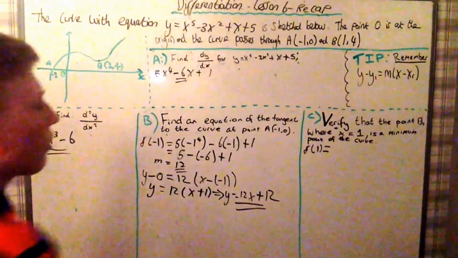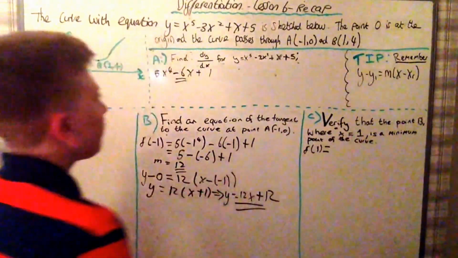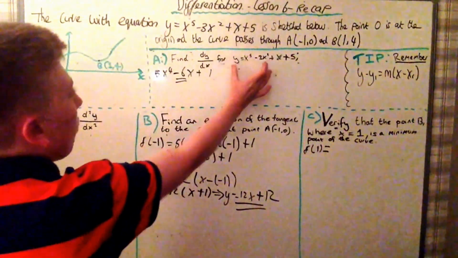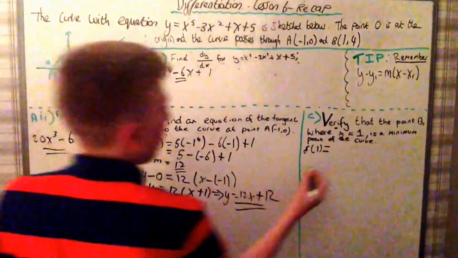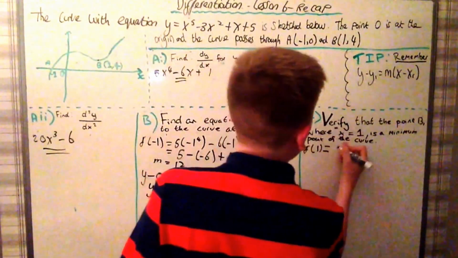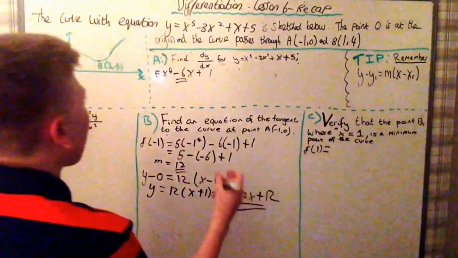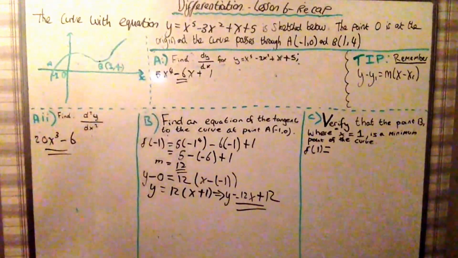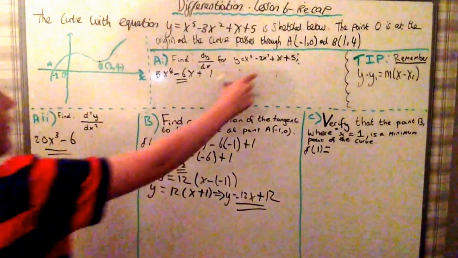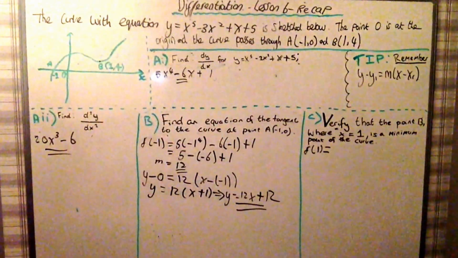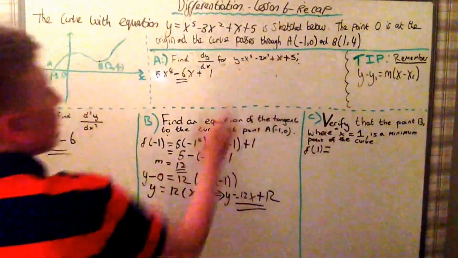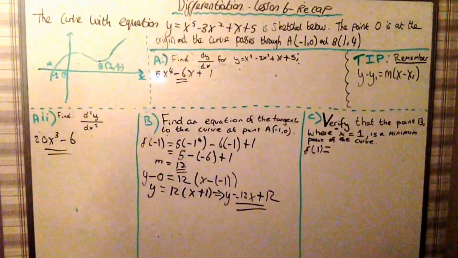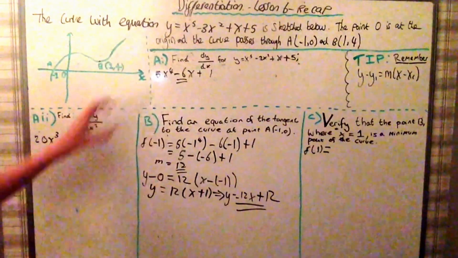So we substitute 1 into dy by dx, our answer for part a(i). That's the thing, you can easily get confused by substituting 1 into the original equation, which you're not meant to do here. So just check that you've done it right.